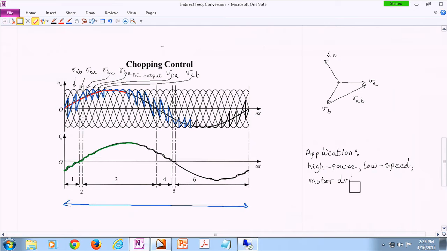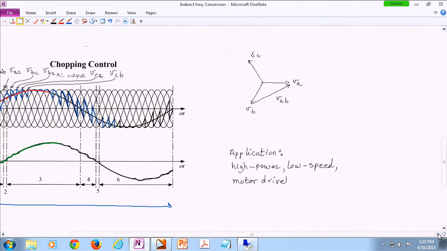Motor drive. Maybe I should add single phase too, because if it is three phase, you have to use three of these matrix converters. Although three-phase approaches are possible too, no problem there.